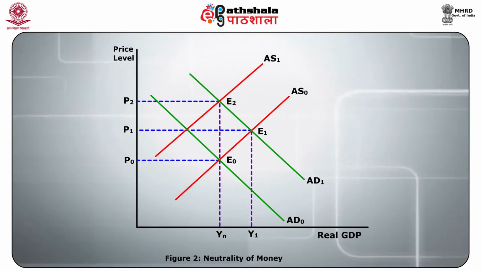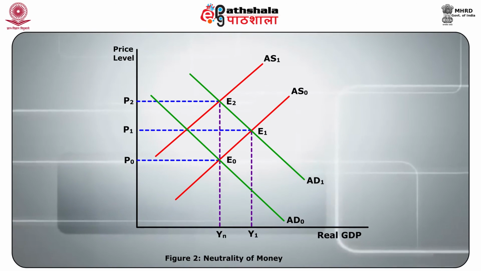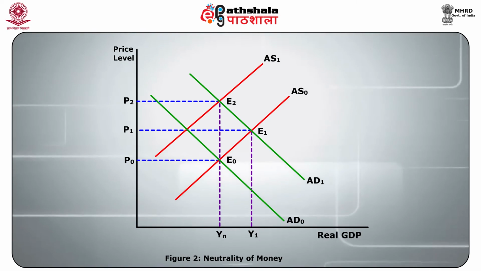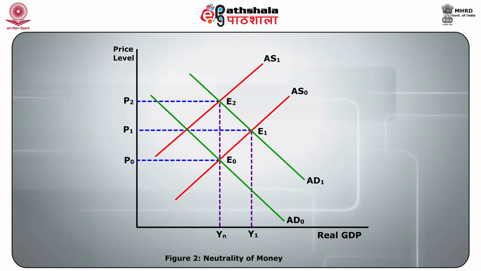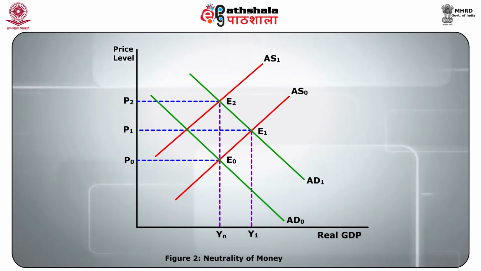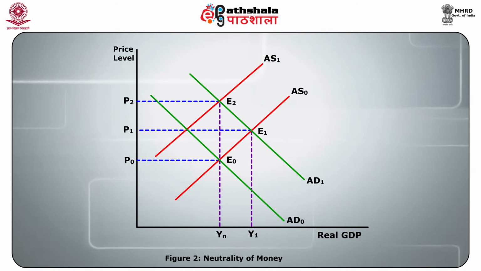This deviation in output is achieved because product prices rise faster than the factor prices and workers supply more labor as they mistakenly believe that their real wage has increased. But once they realize that prices have increased, they revise their expectation of the price level and demand higher wages.